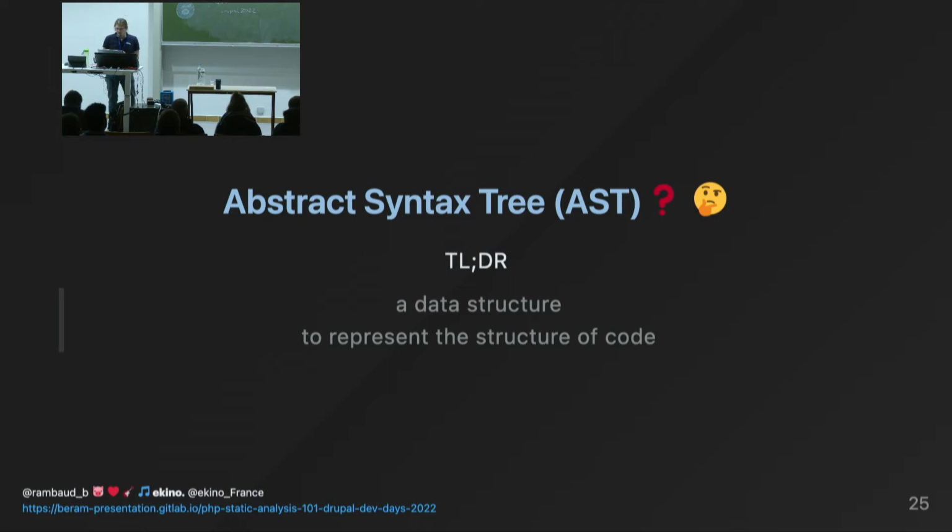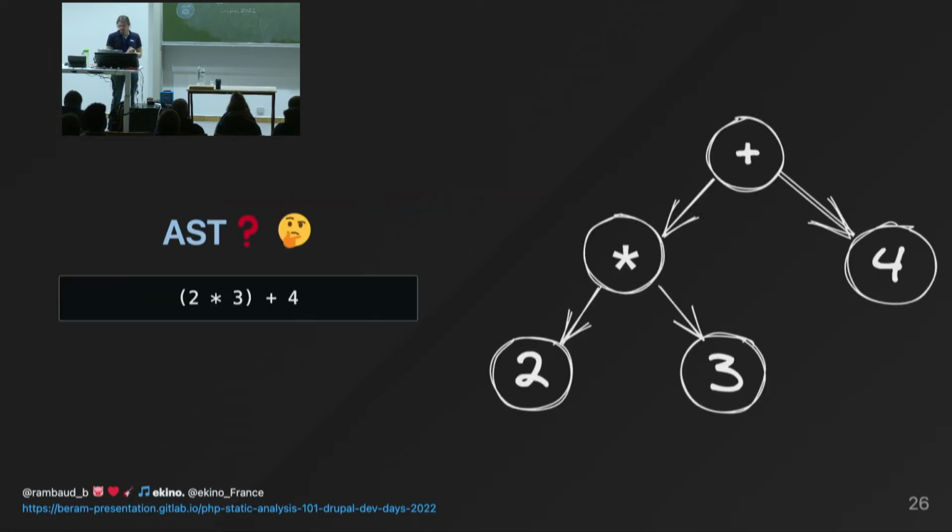To make it a little bit easier to understand, if we just take this expression, the AST is this one. We have 2 multiplied by 3, and we add 4. That's all. It's just a representation. We just view a visualization of it, and with this, it's easier later to understand everything. So that's just an AST.